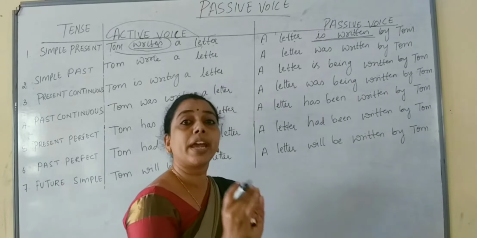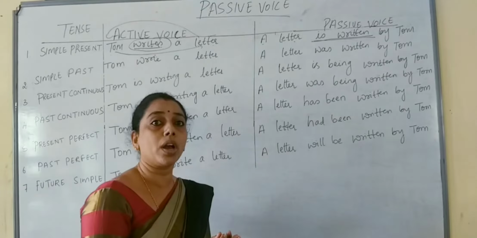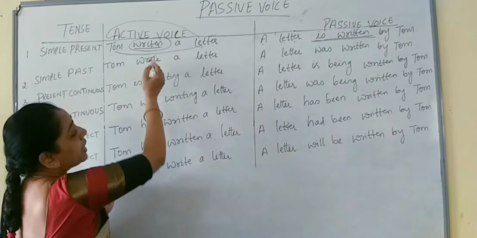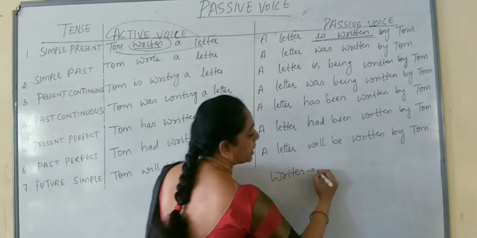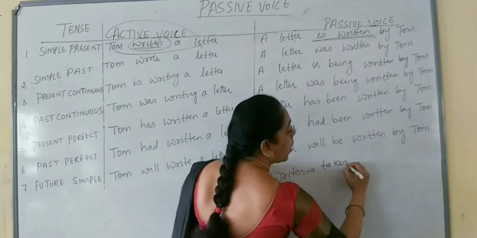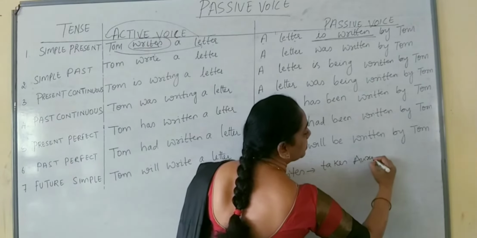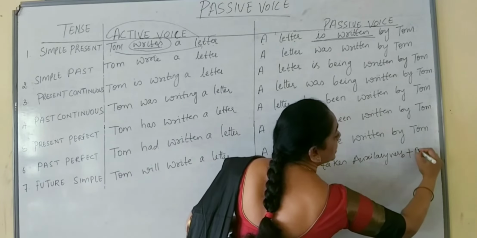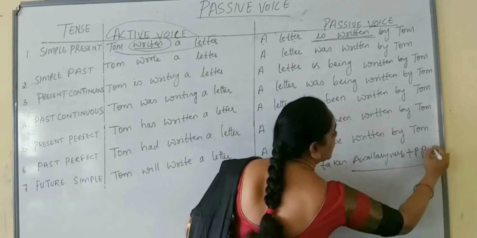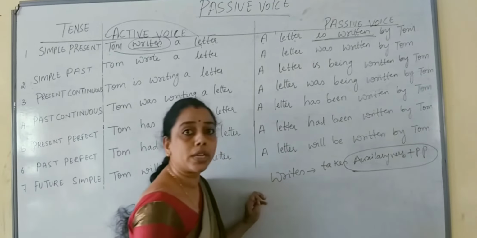Because when you change from active to passive voice, this main verb writes takes an auxiliary verb plus past participle.